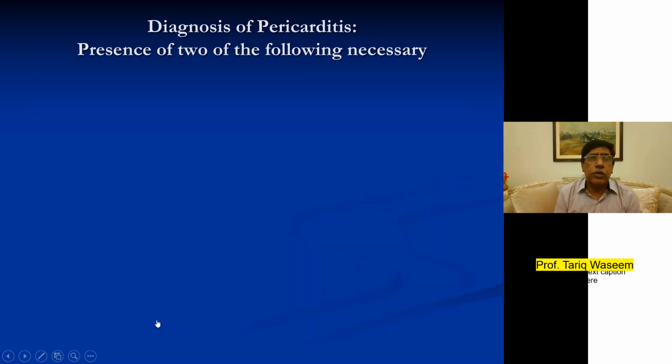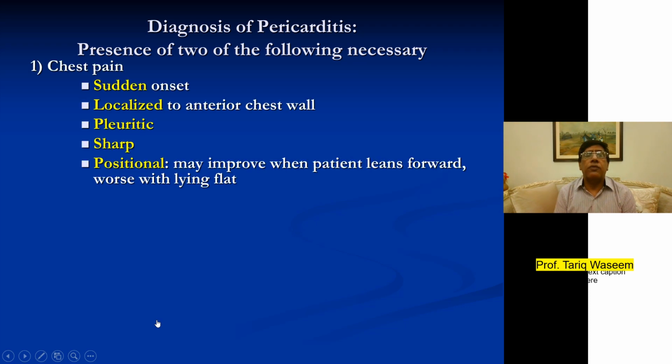So to diagnose a pericardial disease or pericarditis, you have to have at least two of the following. First is that the patient would have chest pain. Characteristics of this pain are that it is usually sudden in onset. It is well localized to the anterior chest wall.